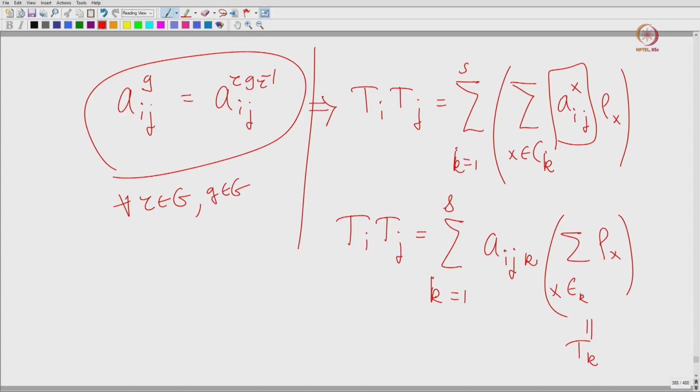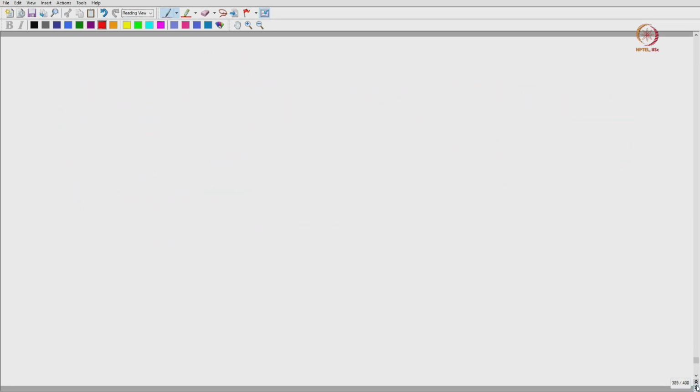So, all we need to prove is that this a_{ijg} does not depend upon the conjugacy class, does not depend upon g, it actually satisfies this property. Okay. So, let us actually try to look at it closely. Recall what is X_g. X_g is nothing but those pairs (x, y) from C_i cross C_j, such that xy becomes g.